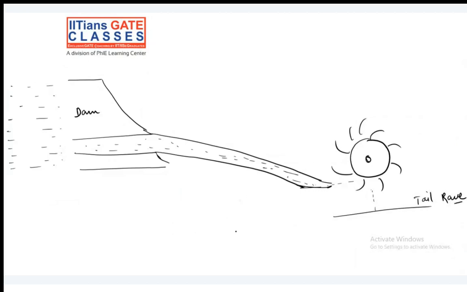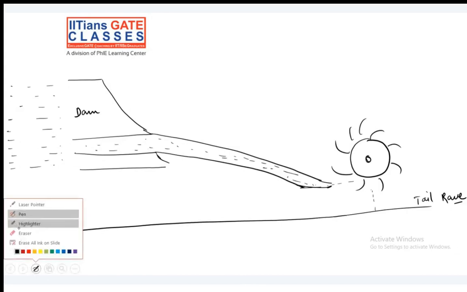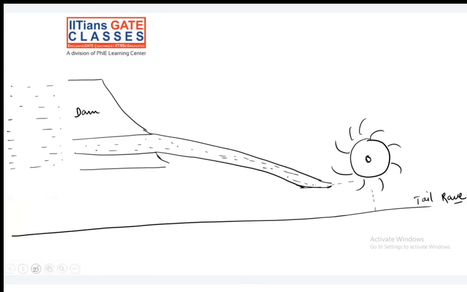Okay, I hope it is clear. Now, very important things which I am going to discuss here, please look carefully. This is the tail race, meaning this is the datum level, where your water has no energy. Now I will tell you one by one what we have. See, here water has some energy, yes or no?